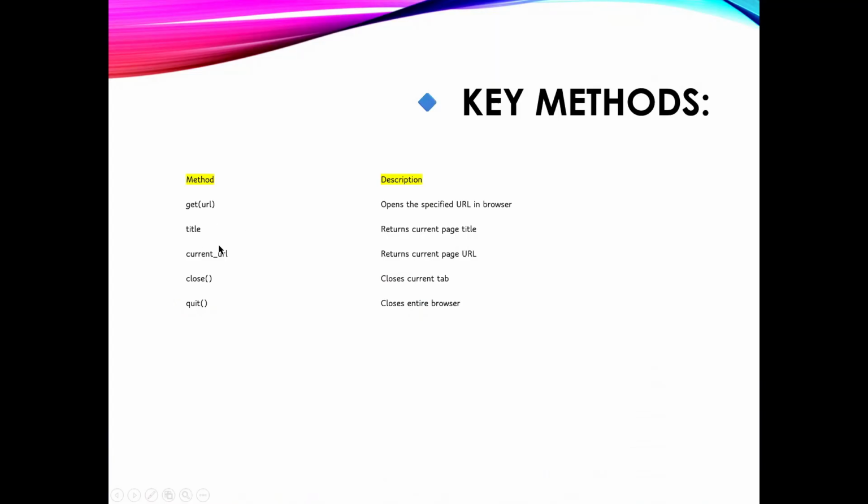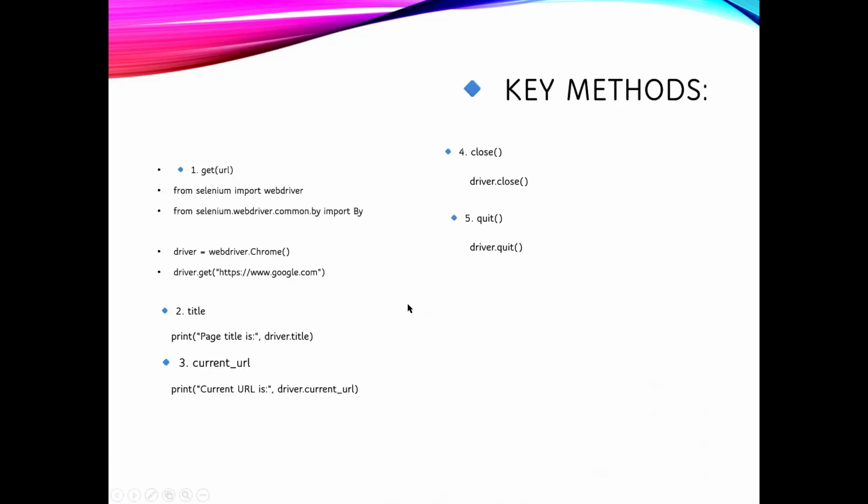Then current URL is going to return the current page URL, whatever URL you have navigated to right now. We'll discuss these one by one. Close closes the current tab, and quit is nothing but closing the entire browser, so it closes all the browsers. Now let us see the example for each method.